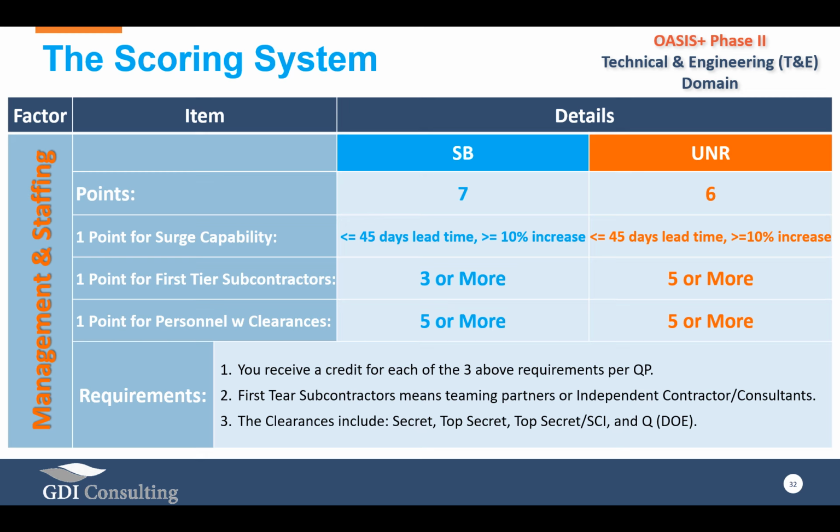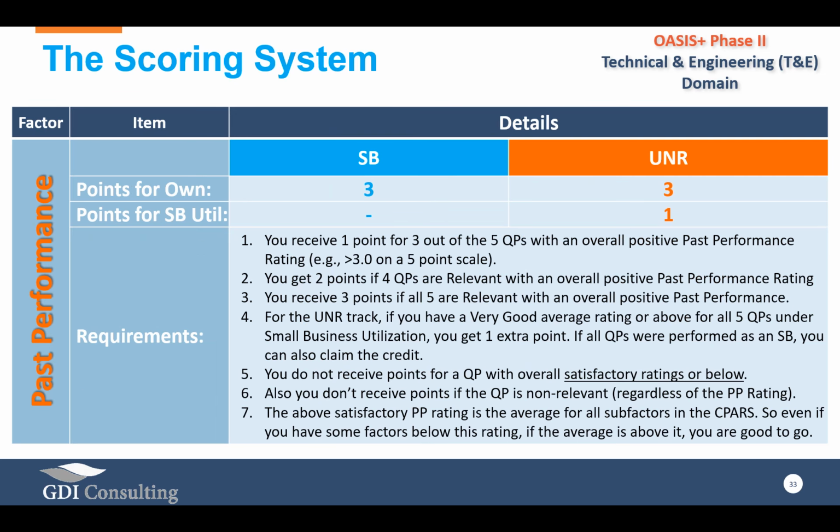So one contract can have 3 points when it has all of these. It has a surge, it has 3 or more subcontractors, 5 for unrestricted, and it has 5 or more personnel with clearance. You get 3 points for that contract. But overall, for the 5 contracts, 5 QPs, you cannot get more than 7 points for small business and 6 points for unrestricted.